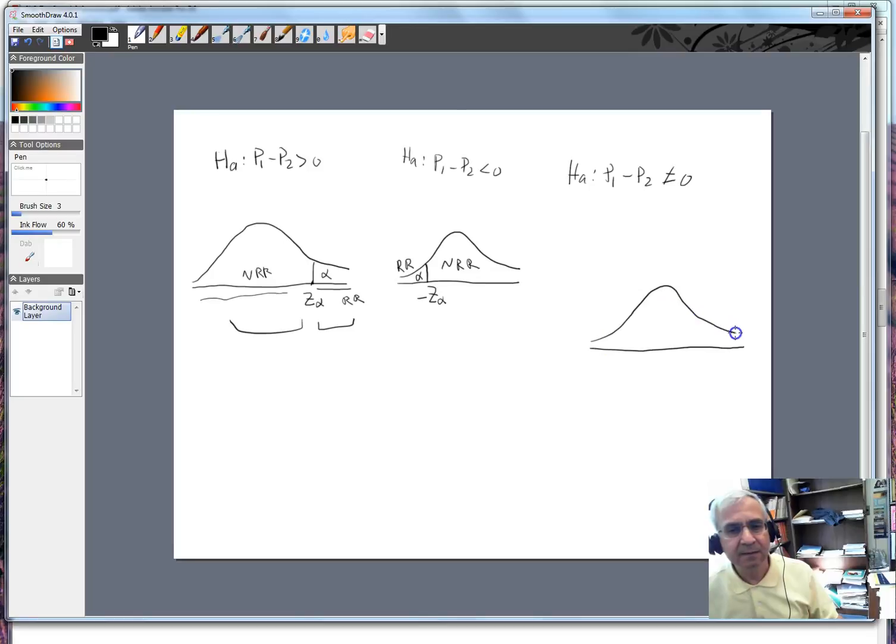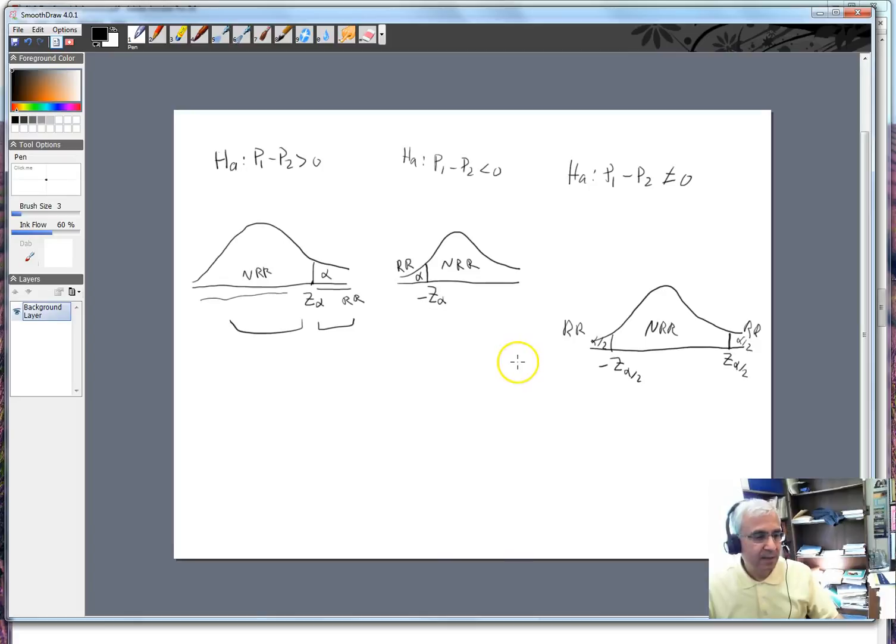Still a Z, and I'm going to have Z alpha over 2 here and negative Z alpha over 2 here, and these would be my rejection regions, and this would be my non-rejection region, because each tail would be alpha over 2.